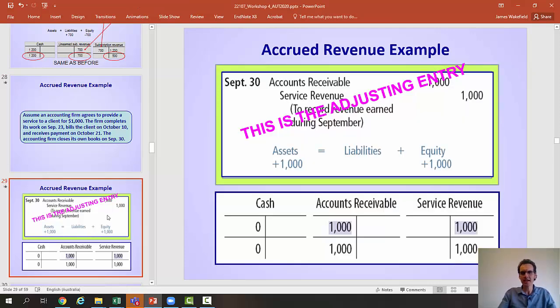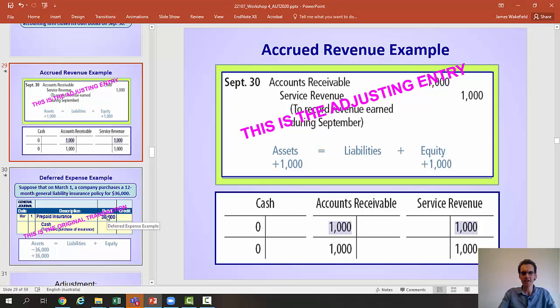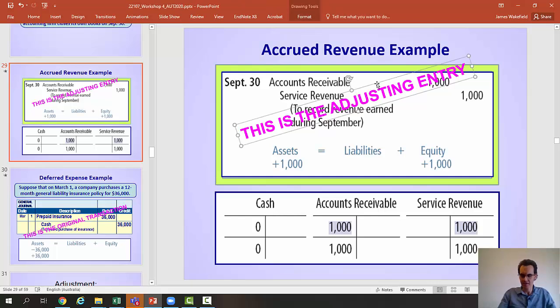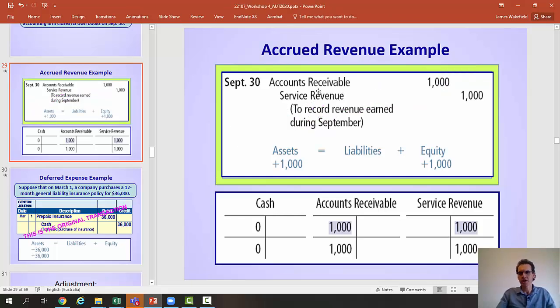So the adjusting entry, if we go to the next slide here, will look like this. And I'll remove this text so we can see it more clearly. Here we have debit accounts receivable, credit service revenue. Now, as you know, the business has earned the revenue. So of course, by crediting service revenue, we are recognizing the revenue at the very end of the financial period through this adjusting entry.